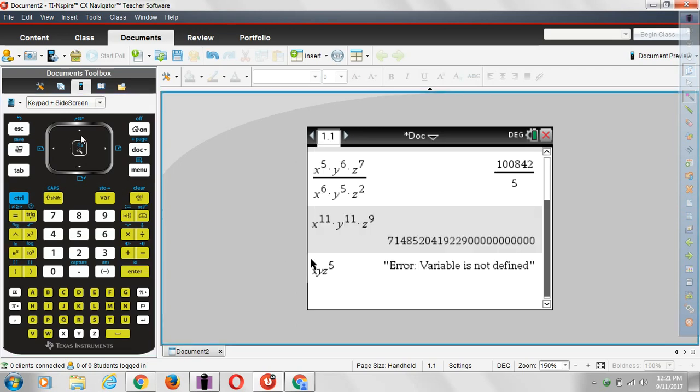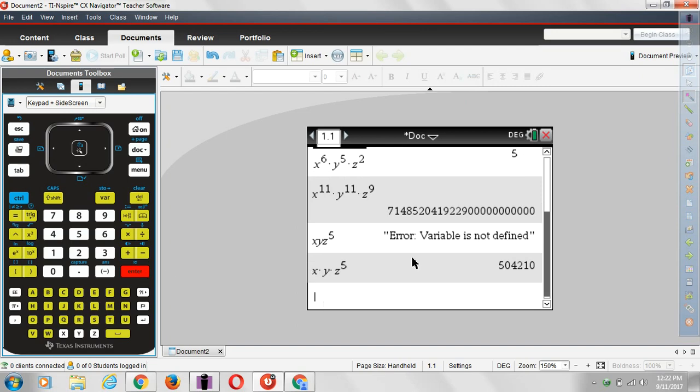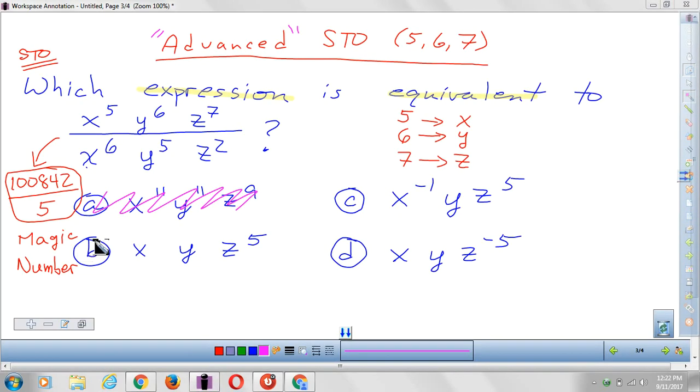So what do I need to do? Well, hopefully you learned in the previous video, I need to go back and put times in the middle. And that fixes pretty much everything. There you go. Now I'm going to get a magic number. Okay, 504210. That still does not match my fraction. So now I know this one is no good.